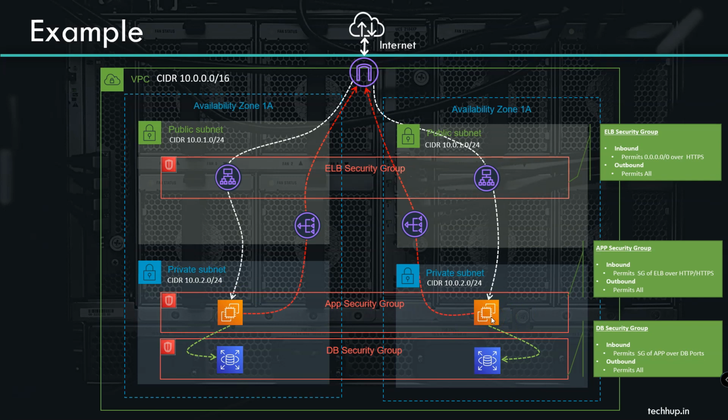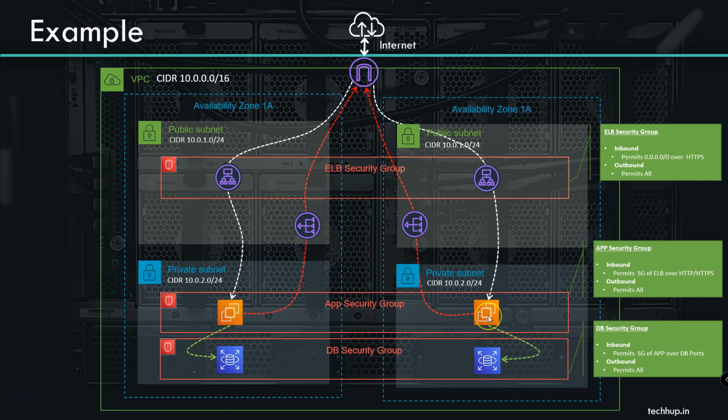Now, on the database layer, again, you are allowing the incoming traffic over the DB ports only from the appliances that are associated with the security group of the app, which is the app security group. And with the app security group, we have only these two instances associated.